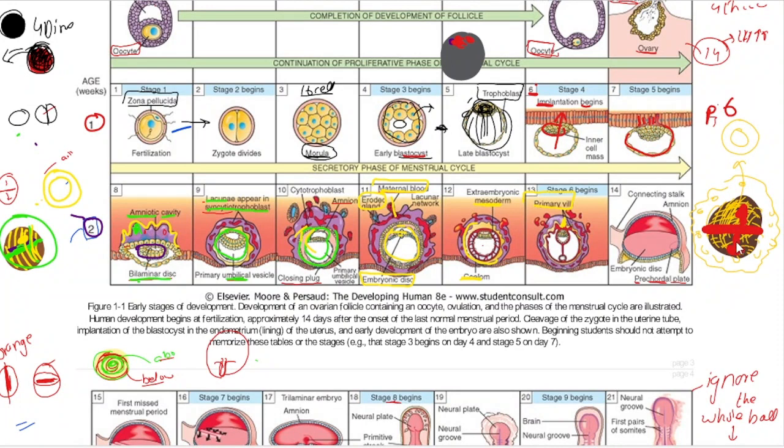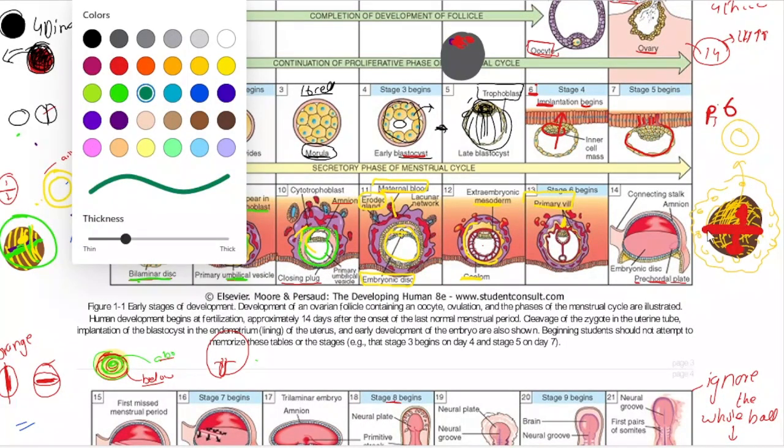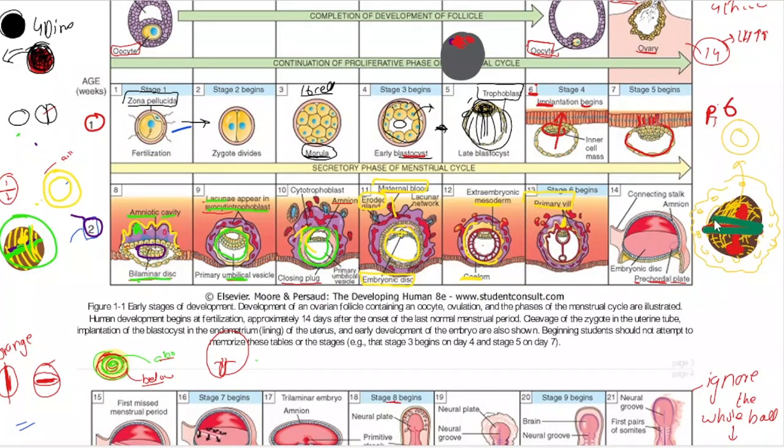Now you have to understand, between this ball there is a thing that is called the bilaminar disc or embryonic disc. For example, I show you that this division layer is called the bilaminar disc. There are two layers of the bilaminar disc, with the space above the disc and the space below the disc.